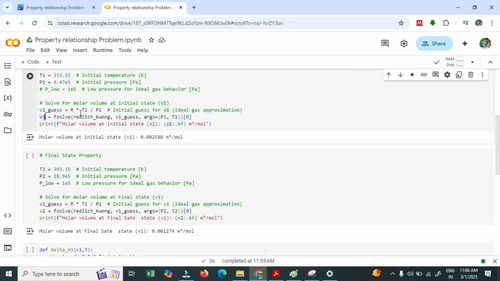Then similarly, I'm executing step number 2 also. Here also no need of low pressure. I'm uncommenting that. I know the temperature and pressure, and substituting back and giving the same initial condition, but let me give T2 here.